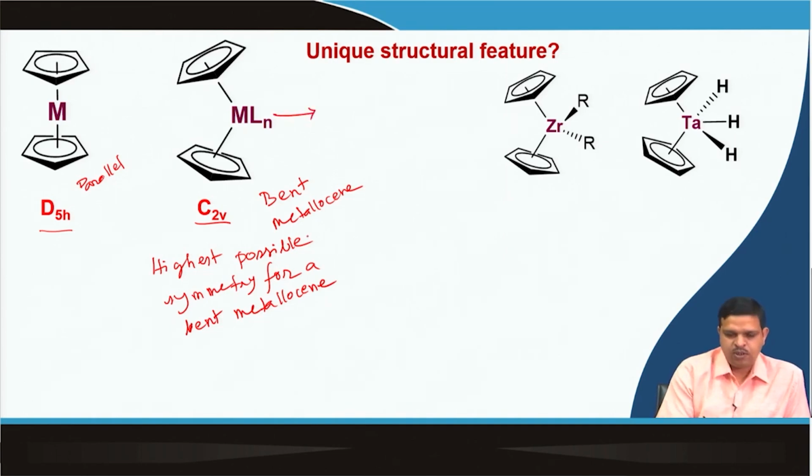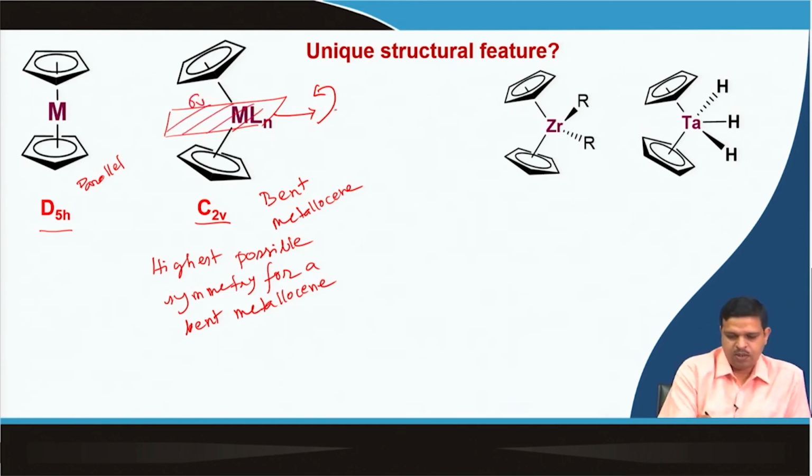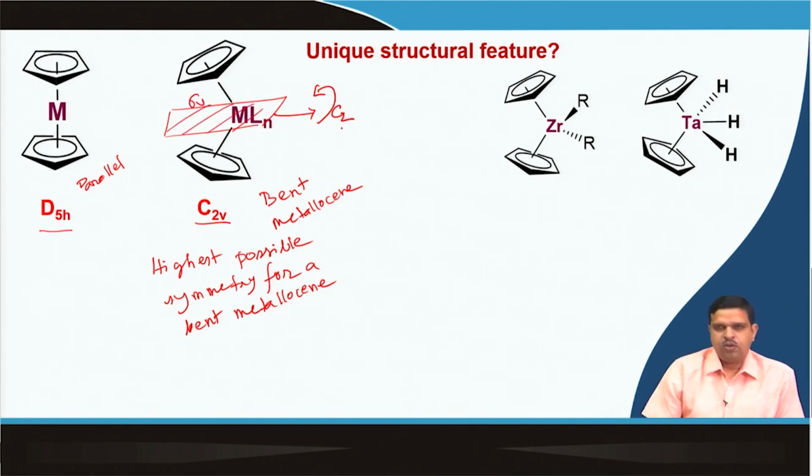In the last class, we discussed how it is C2v. So, you will see this is your C2 axis, and this is your sigma v plane, this is sigma v. So, it is easy to understand why it is C2v. There are a lot of examples of this kind of bent metallocene, as example zirconium, tantalum. This is 4 oxidation state, this is 5 oxidation state.